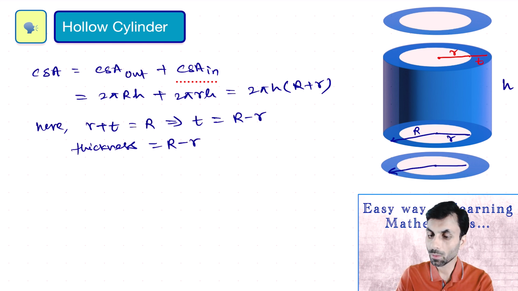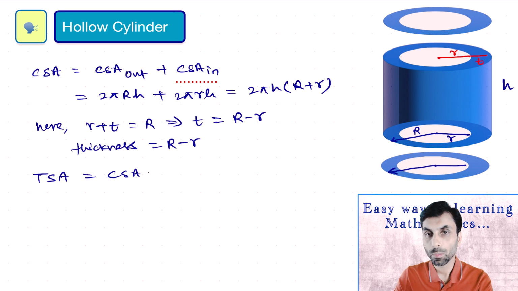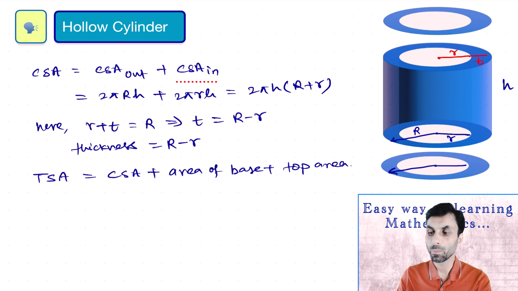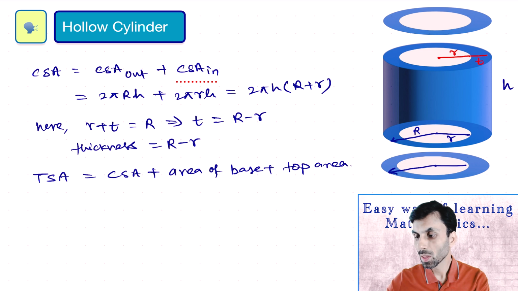Next, if you talk about total surface area, then that will be curved surface area plus area of base plus top area. Now if you observe the area of top and base, we find it is a circular path where we have to find this particular area, as the area of this path will be the outer circle area minus the inner circle area.